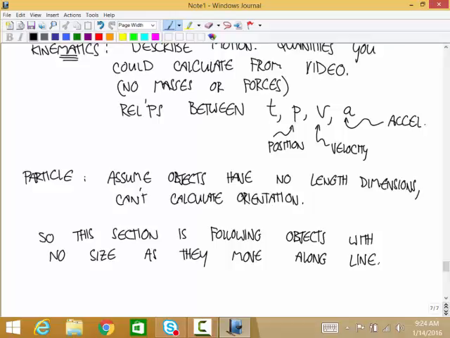There are a lot of calculations where even really big things, it's reasonable to treat them as a particle. If you're not worried about the orientation, then you can treat anything like a particle. When you do celestial mechanics of planets in orbit, you treat those as particles, even though obviously they're pretty big, because the motion that you're worried about does not involve their changes in orientation.